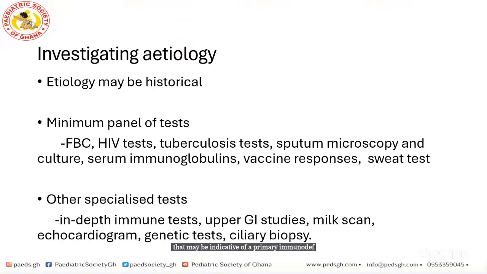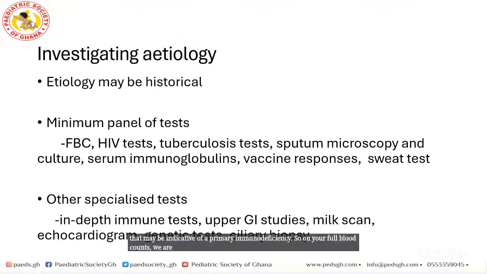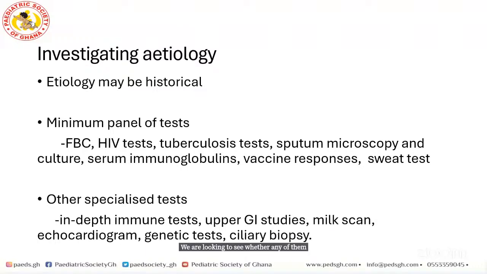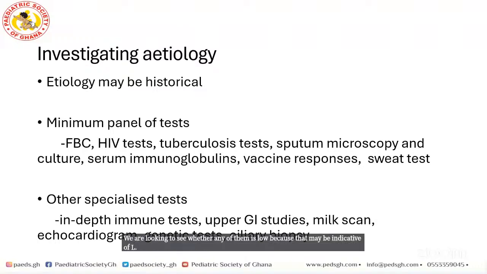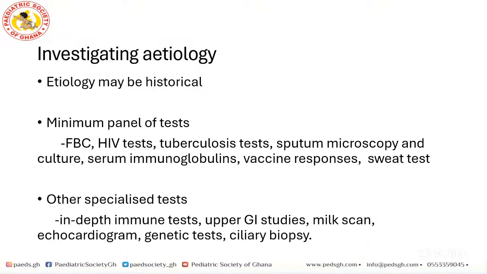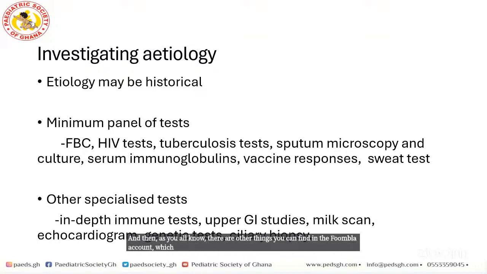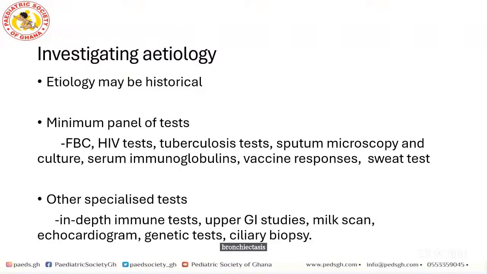So on your full blood count, you are looking for high white cell counts, but you're also looking for low white cell counts. And when you come to the differentials in the full blood count, you are looking to see whether any of them is low, because that may be indicative of a primary immunodeficiency. And then, as you all know, there are other things you can find in a full blood count, which may not be related to the etiology of bronchiectasis or chronic suppurative lung disease.